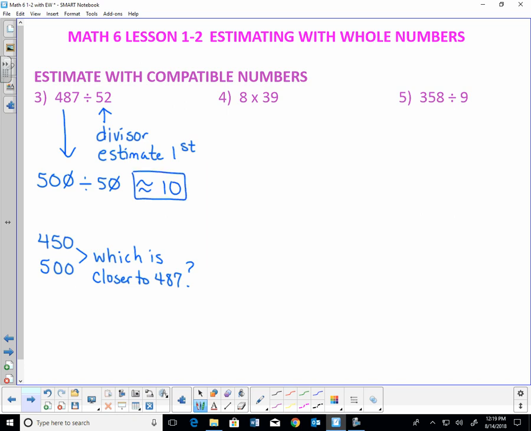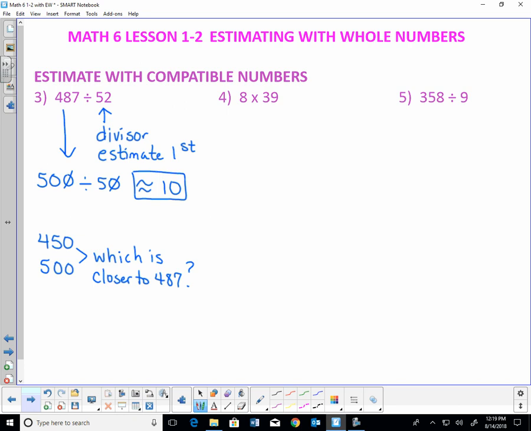If I'm going to multiply, then it doesn't matter which number I round first. If I have a single-digit number, I probably should not round it, because single-digit numbers, if you're going to multiply, don't round up or down. My double-digit number does.